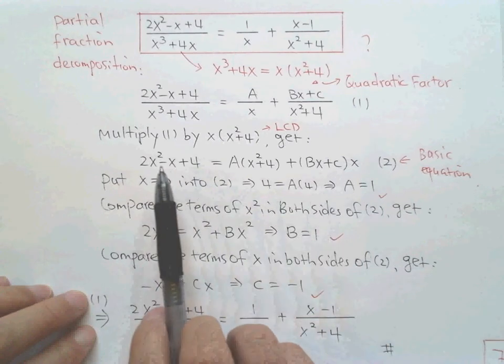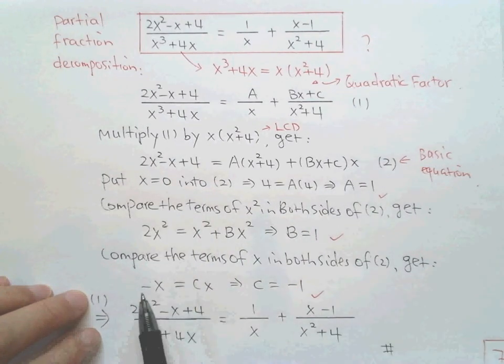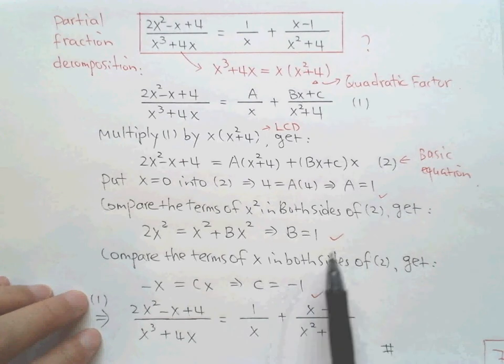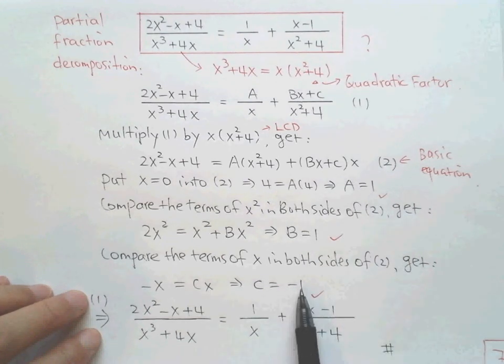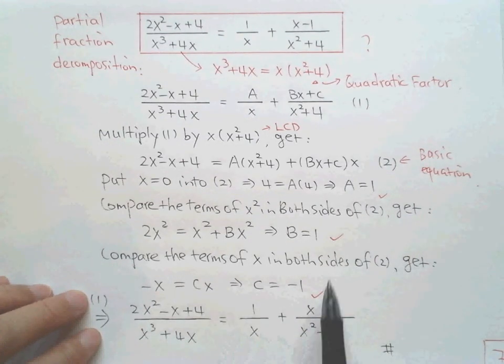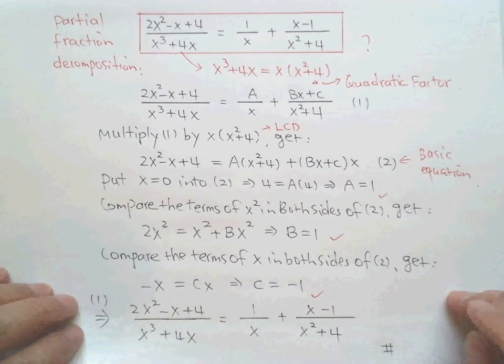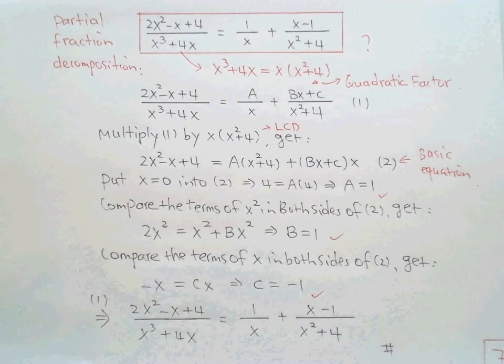The same for c. C should be the coefficient for the x term. So we compare the x and the x. X on the left is this, x on the right is this, so we get c. See, we get A, B, C, and then we do have the decomposition. So this we proved the first. That's all. Thank you.